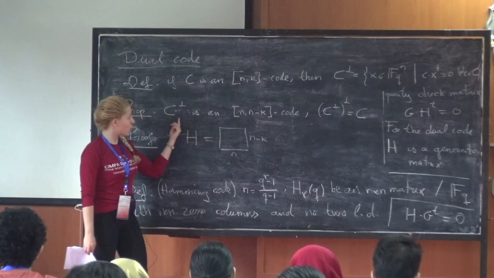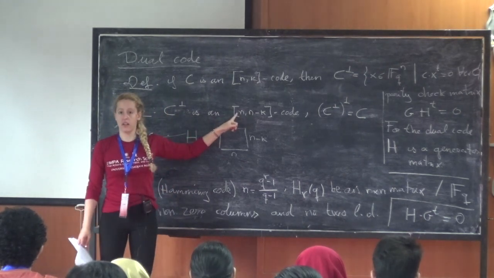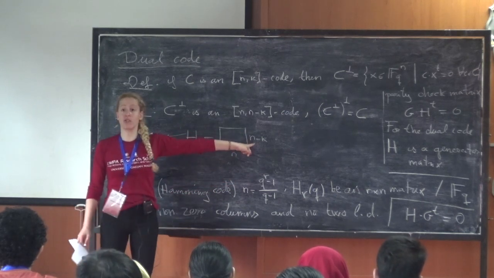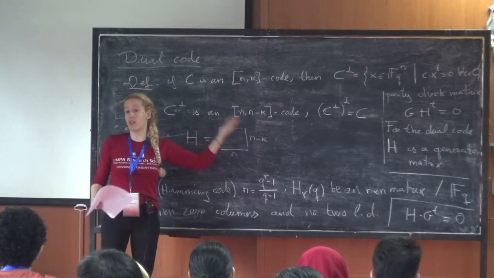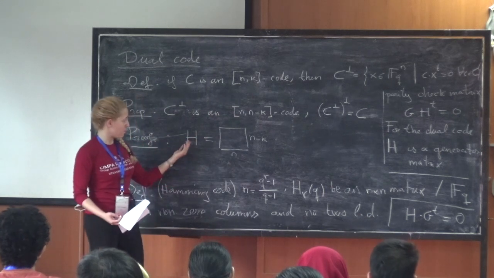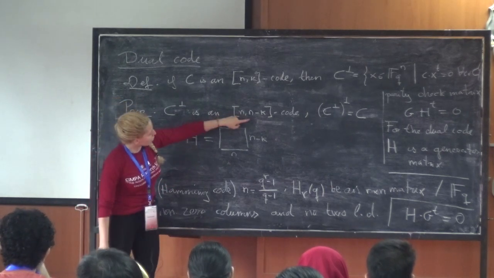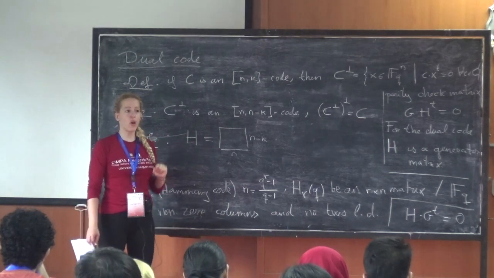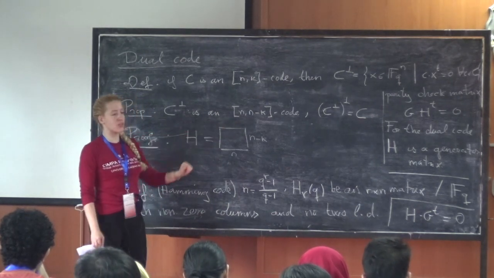So the length of the code is going to be n, right? And now how many vectors do I have? n minus k. So the dimension of the code generated by this generator matrix is equal to n minus k. Okay? So in this way we proved this thing about the parameters of the code.